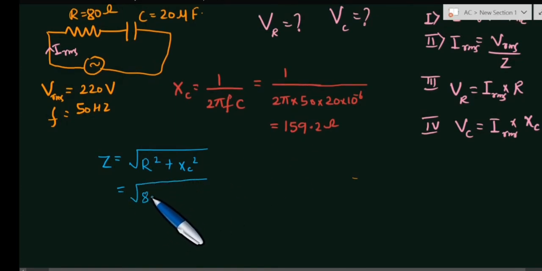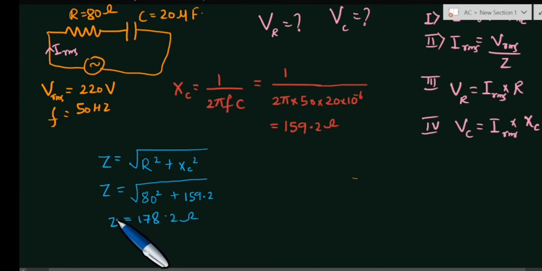So 80 square plus XC value, that is 159.2 square, and this is the value of Z. You can calculate the value of Z, and Z value comes out to be around 178.2 ohm.